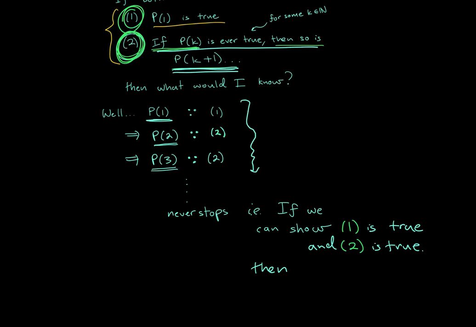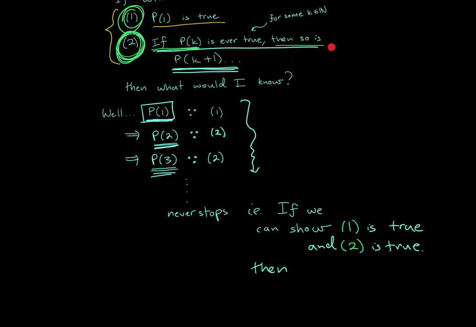what would happen is kind of like a domino effect. That is like the quintessential analogy here. I can knock the first domino down for sure. If I know I can knock the first domino down, and if I know that if any domino falls, the next one will as well, then what does that mean? That means that all dominoes fall.